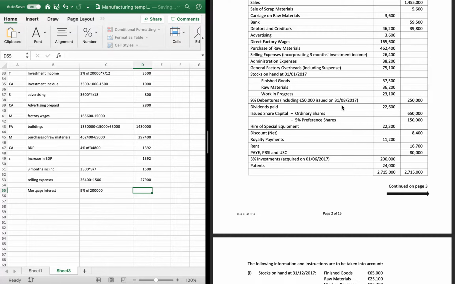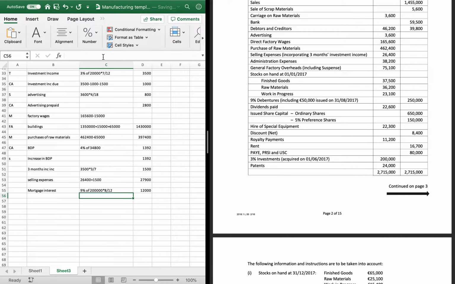So for the first 8 months of the year, you had 200,000, so by 8/12, which is 12,000.